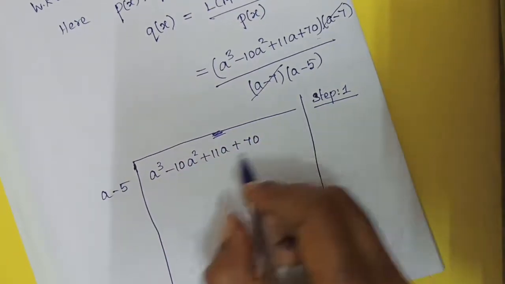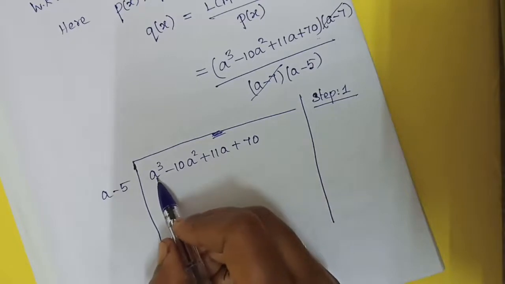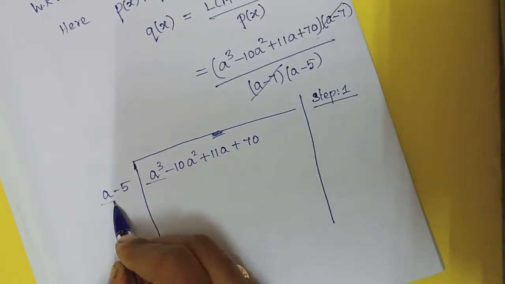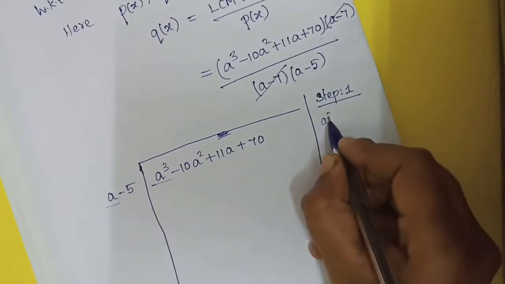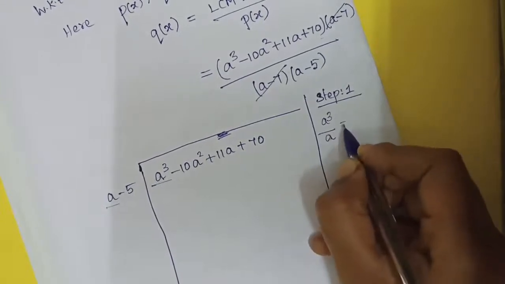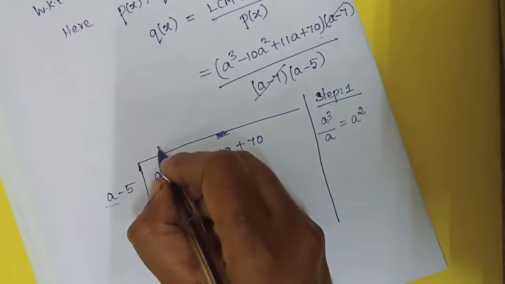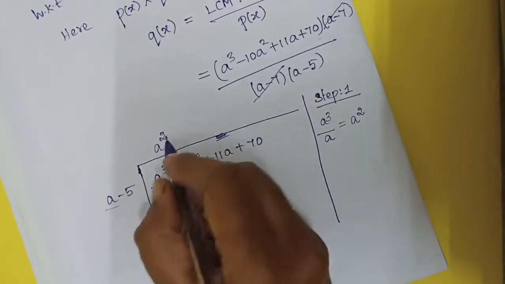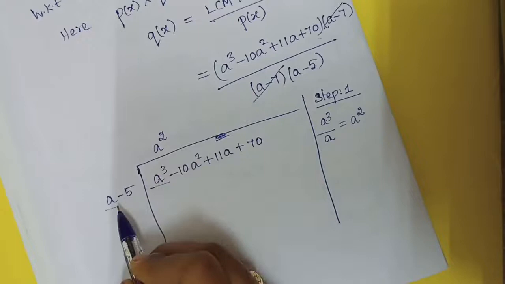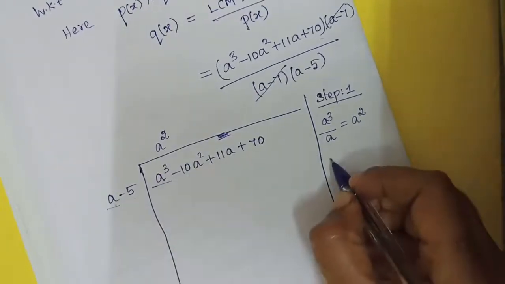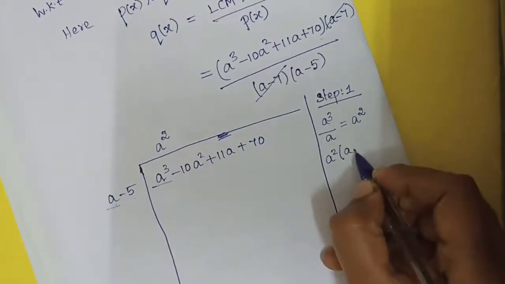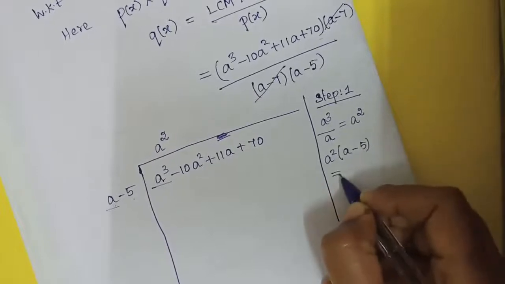Shall we do now? So what is the first step? Here first term divided by first term. So a cube divided by a. What is the answer? A square. We need to write it in the top quotient section. So a square. Now we need to multiply this a square by each of these terms. That means a square into a minus 5. What is the answer?